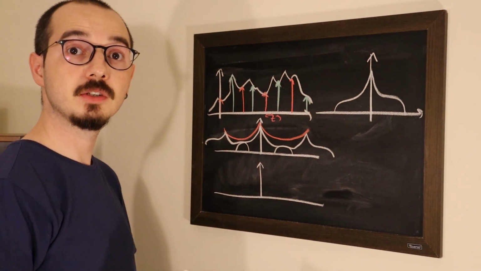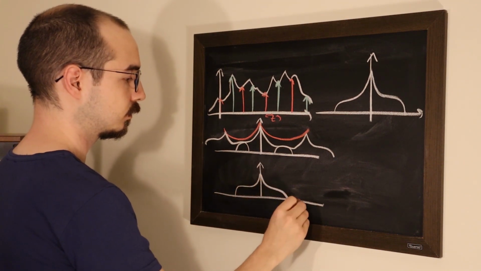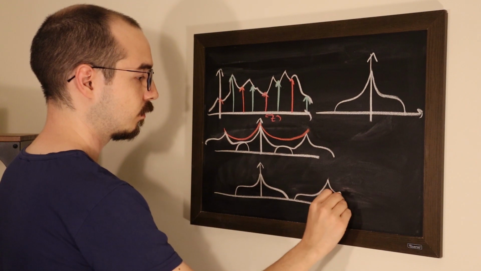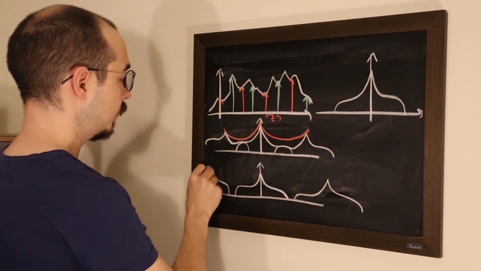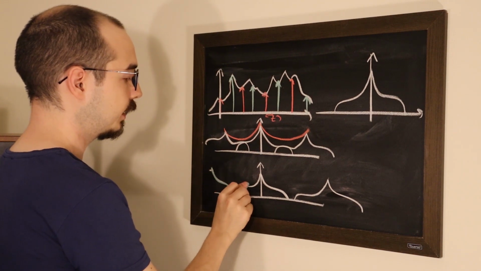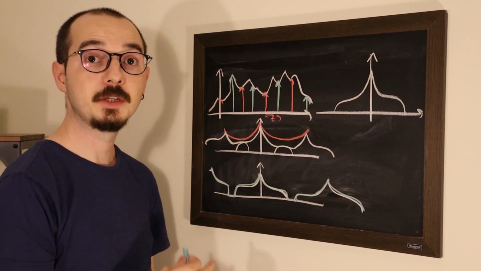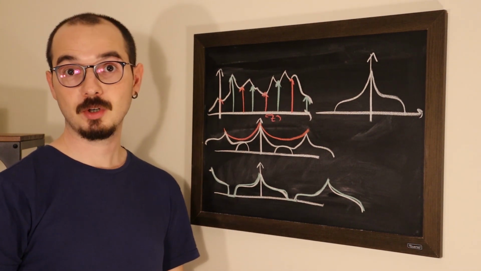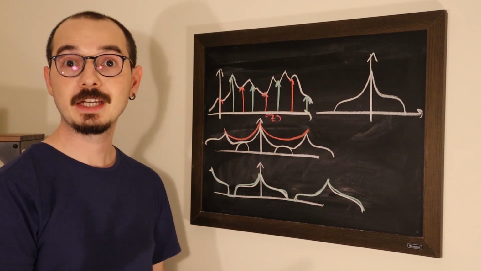So the repetition will be a bit better. And when we look at the final sampled signal, it will not have this issue anymore. So by taking more samples, we can get rid of aliasing.